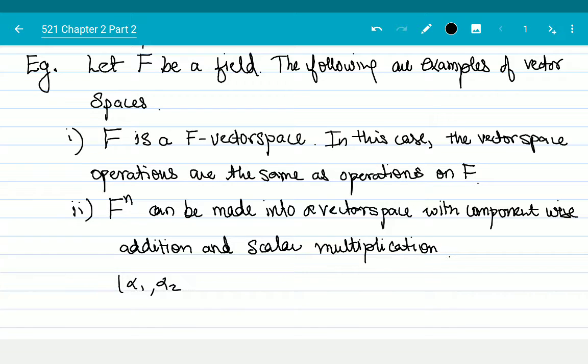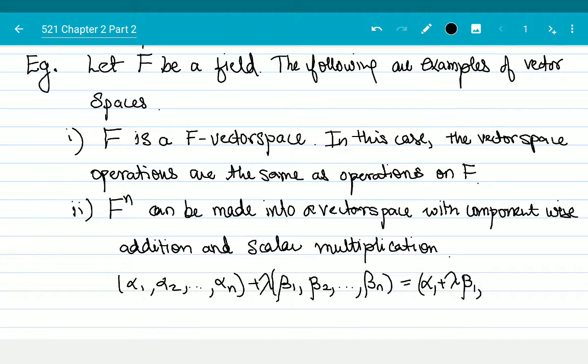Let me combine the two: (alpha 1, alpha 2, ..., alpha n) plus lambda times (beta 1, beta 2, ..., beta n) is equal to (alpha 1 plus lambda times beta 1, ..., alpha n plus lambda times beta n).